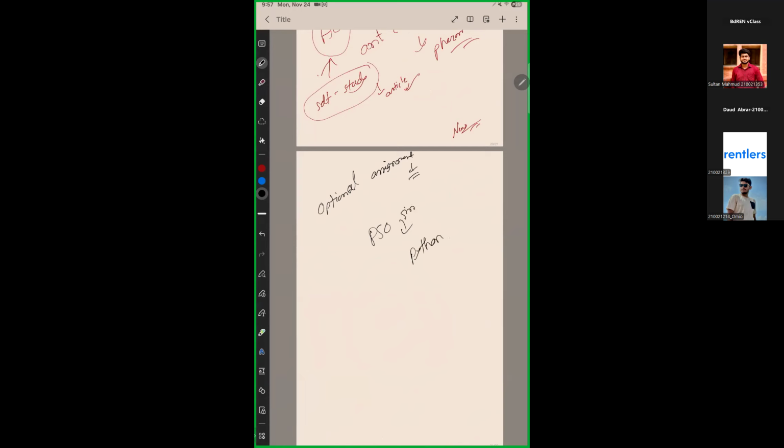You have to create a simulation for PSO. I think MATLAB has a toolbox for PSO. Try to create it in Python if you can. This is optional. You don't have to do this. If you want to do this, it's fine. Okay, so that will be for your lab. I will announce it in the Google Classroom.